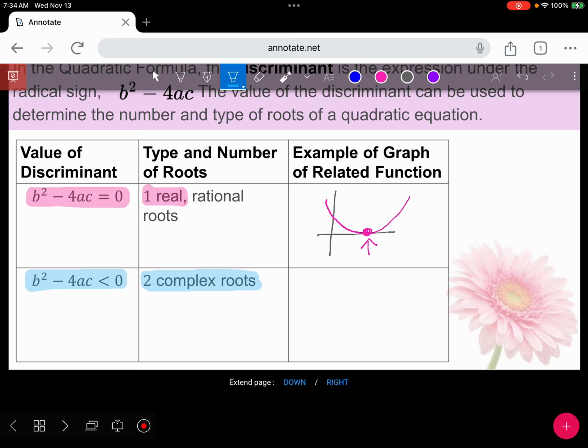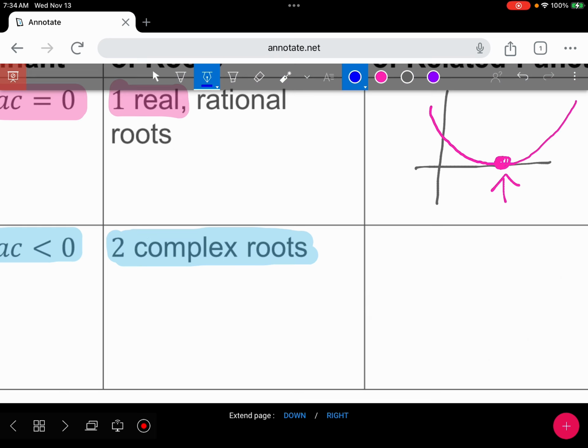So when it says complex root, that just means there's an i in it somewhere. This would be our imaginary, and sometimes we call this no real roots. So we can word it any way we want to.